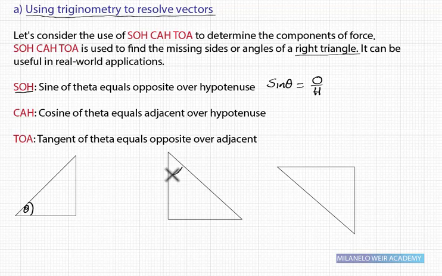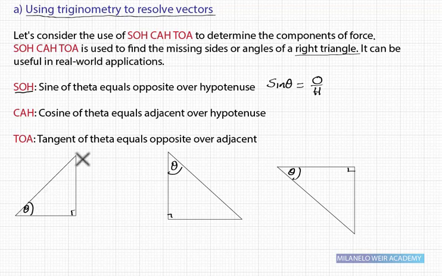So the sine of this angle is equal to opposite over hypotenuse. Hypotenuse is the longest side.